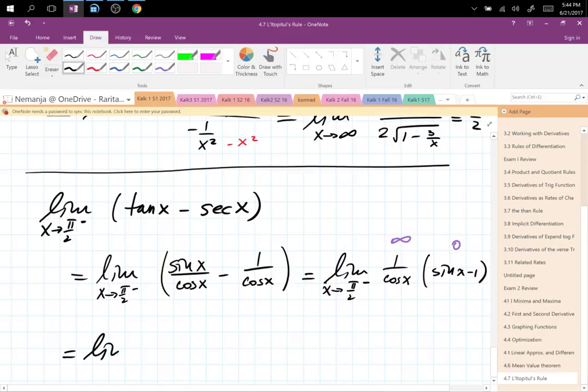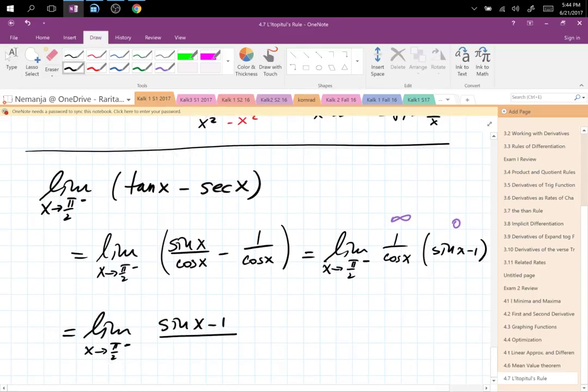So limit as x goes to pi over 2 from the left, and we can say sine x minus 1 divided by 1 over secant x. This is way too many of these, so I'm just going to say secant. It's much easier.